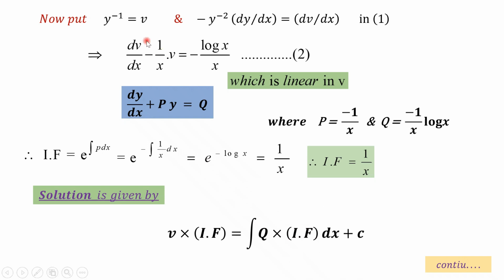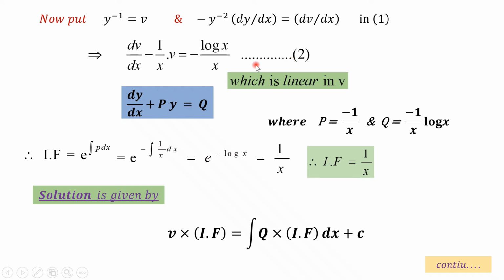Now put y to the power minus 1 equal to v, and on differentiation we get minus y to the power minus 2 dy by dx equals dv by dx in equation 1. Thus we get dv by dx minus 1 by x v equals minus log x by x. Let this be equation 2.